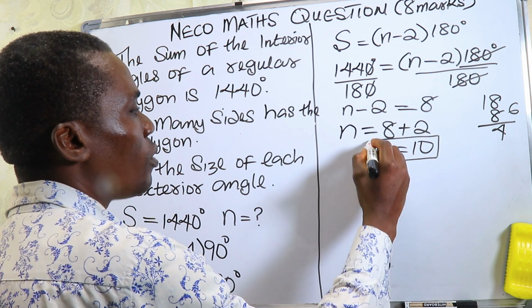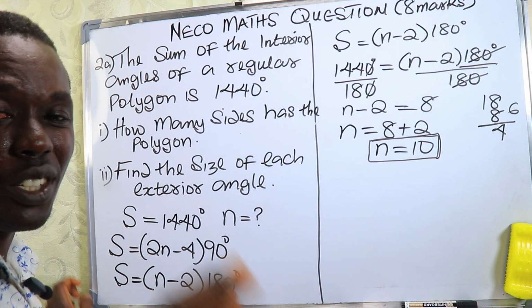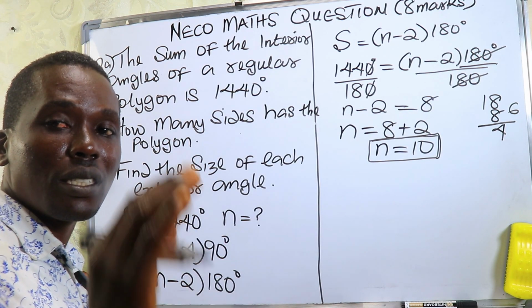That means the number of sides that the regular polygon has is simply 10 sides.